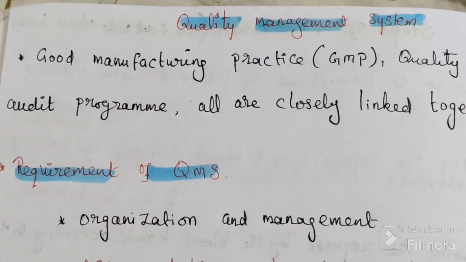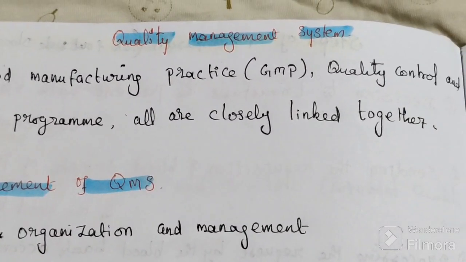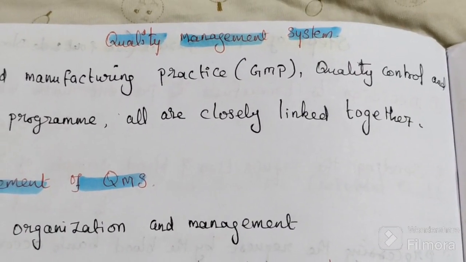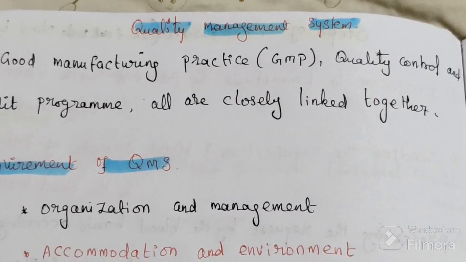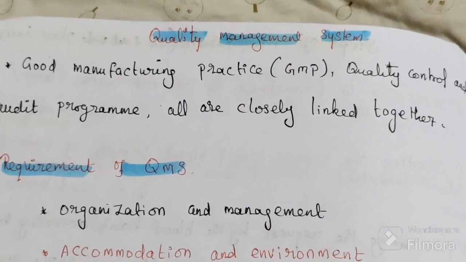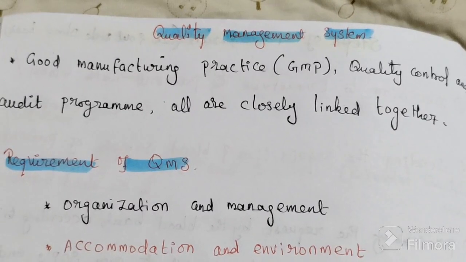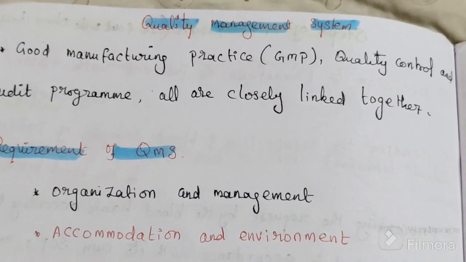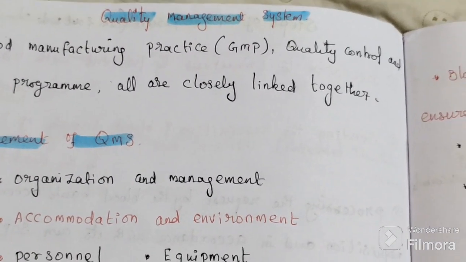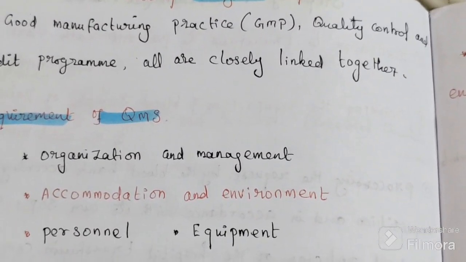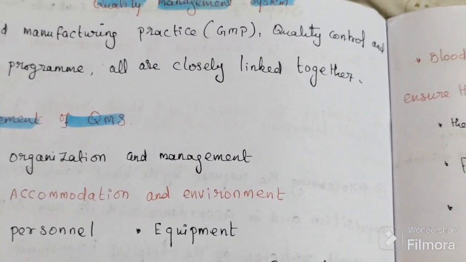Then good manufacturing practice, quality control and audit program, all are closely linked together. These are the requirements of a quality management system. These are very similar to those of a clinical laboratory.